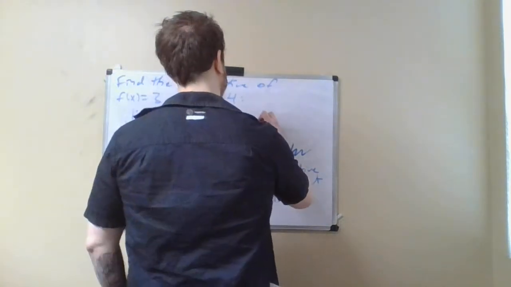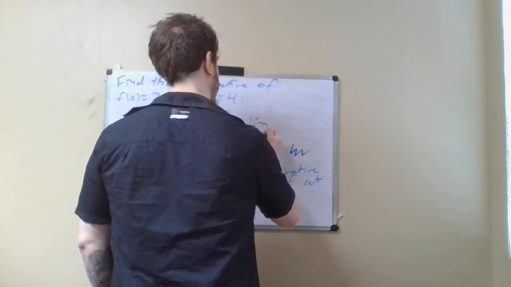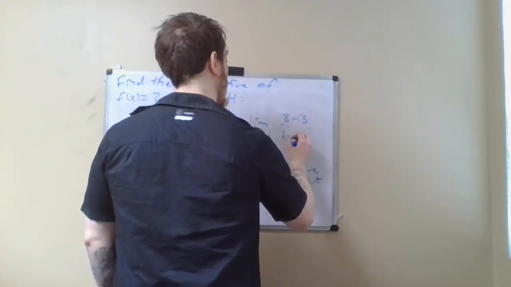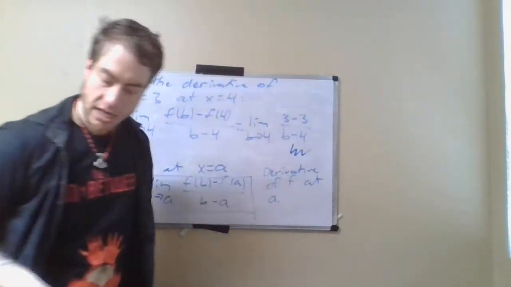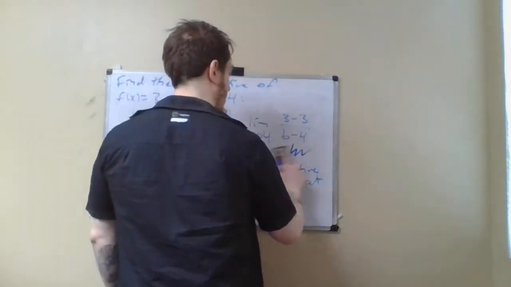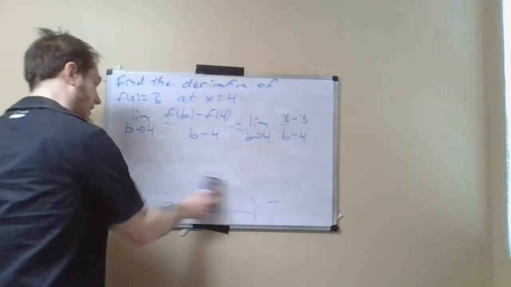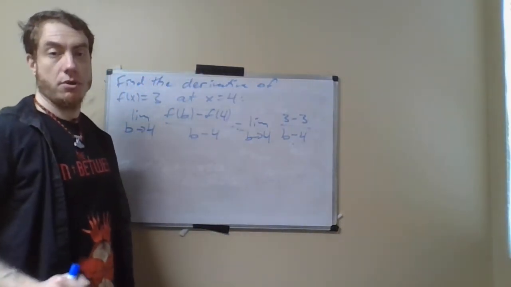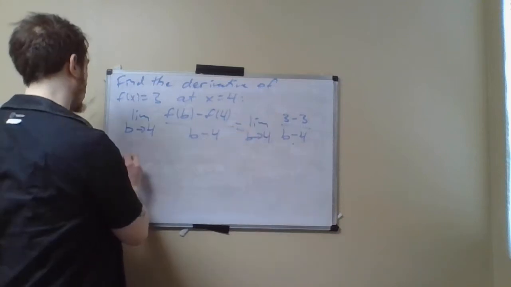But this is actually the limit as b approaches 4 of 3 minus 3 over b minus 4. And now, the thing to observe here is that this numerator is always 0. 3 minus 3 is always 0.